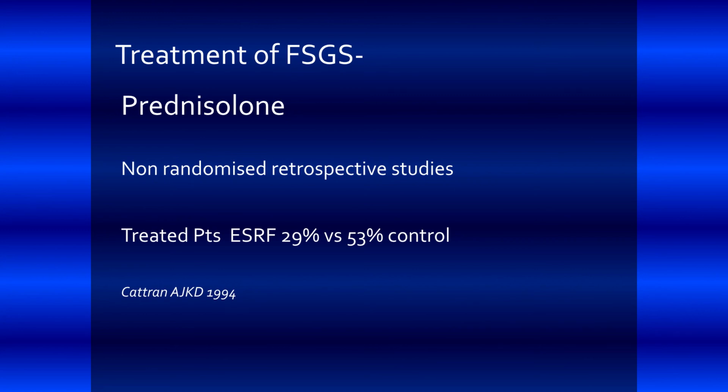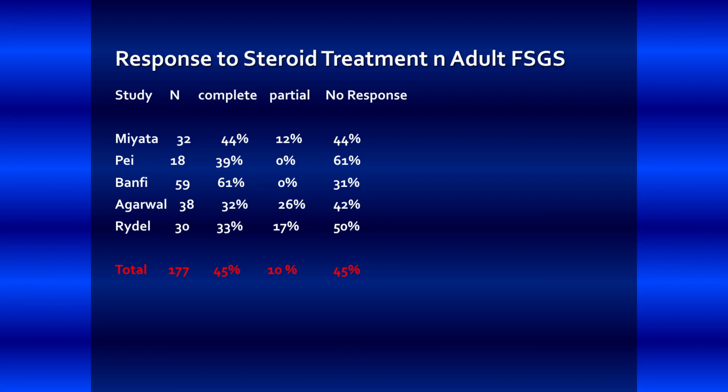Basically he showed that if you treat with steroids compared to controls, then you get less end-stage renal failure. And this is a combination of a number of other studies showing the response to steroid treatment in adult FSGS. You just need to bear in mind that a lot of these patients may have secondary FSGS, so it may be better than you think if you pick your patients carefully.